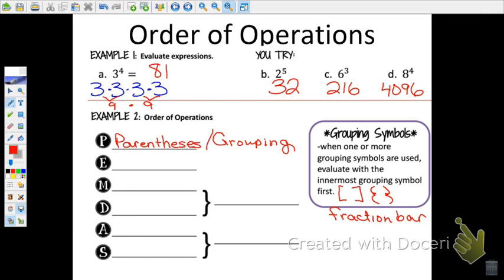The letter E stands for exponents. M is for multiply. D is for divide.